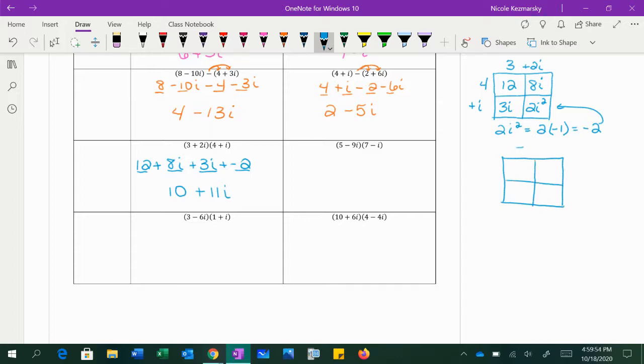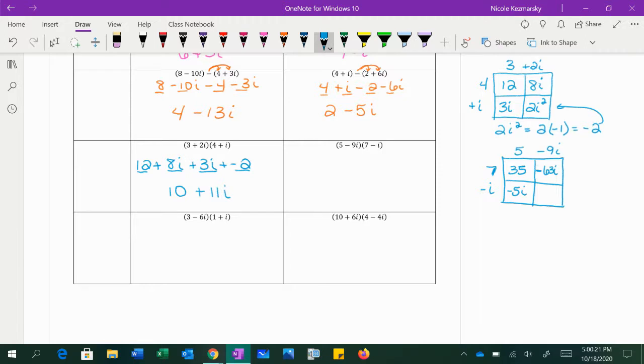So I'm going to set up 5 minus 9i and 7 minus i along the top and the side. Then I'm going to do 7 times 5, which is 35. 7 times 9, and it's negative, so that's going to be negative 63i. 5 times negative i is negative 5i.